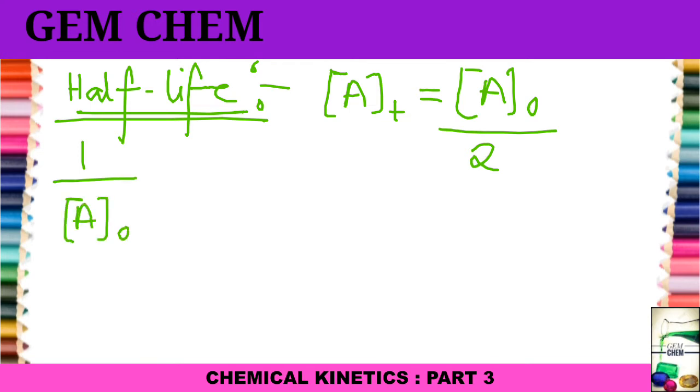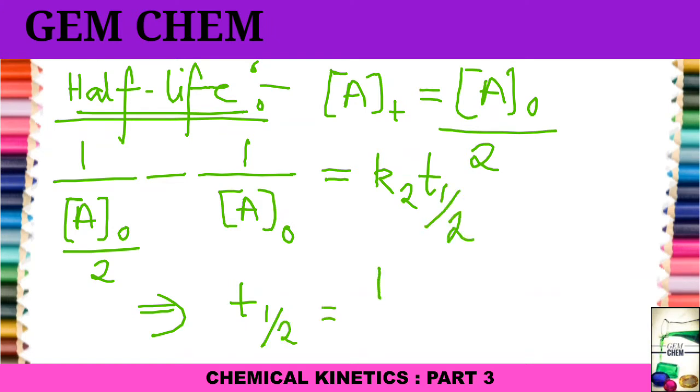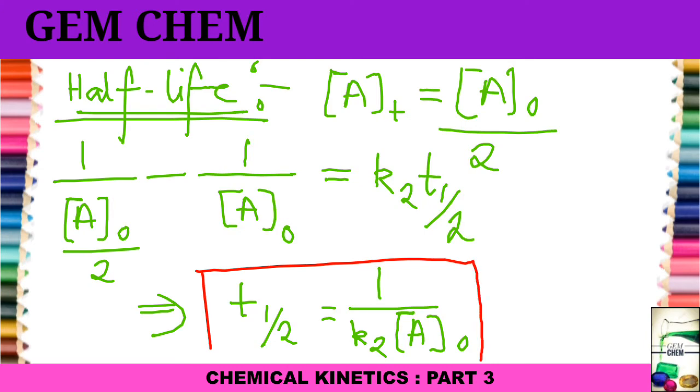So 1 by A0 by 2 minus 1 by A0 equals K2 t. Ultimately what comes is this one, that is t half. Here we will take t half equals 1 by K2 A0, and this is our half-life formula.